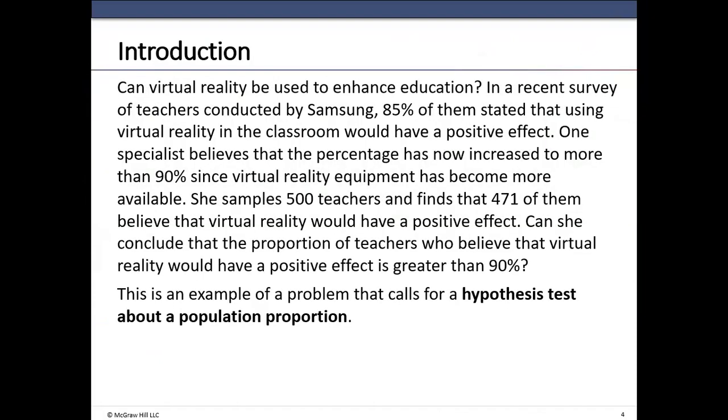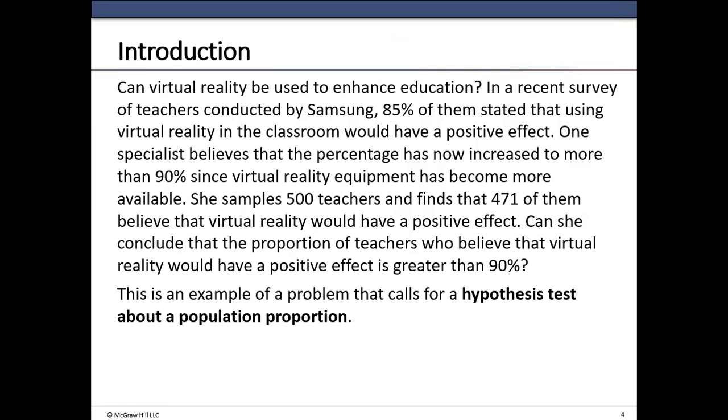Can virtual reality be used to enhance education? In a recent survey of teachers conducted by Samsung, 85% of them stated that using virtual reality in the classroom would have a positive effect. One specialist believes that the percentage has now increased to more than 90% since virtual reality equipment has become more available.